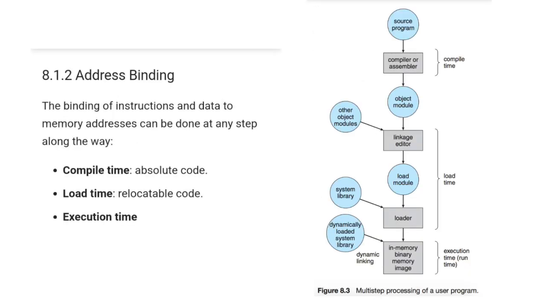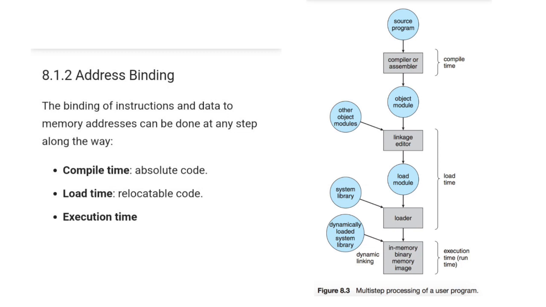proceed to address binding. User programs typically refer to memory addresses with symbolic names such as i, count, and average temperature. These symbolic names must be mapped or bound to physical memory addresses, which typically occurs in several stages. The first stage is compile time.